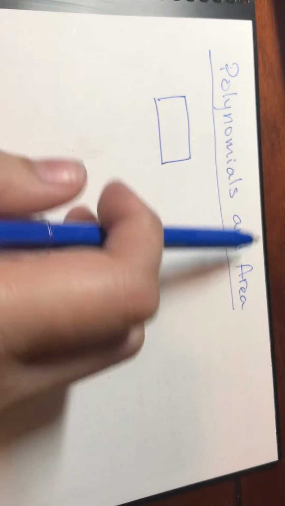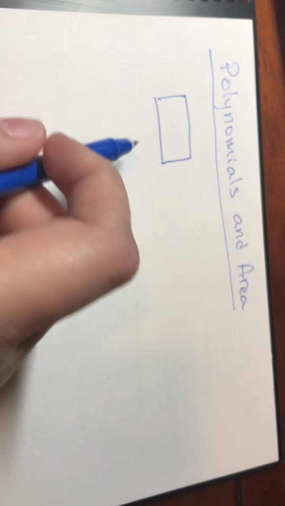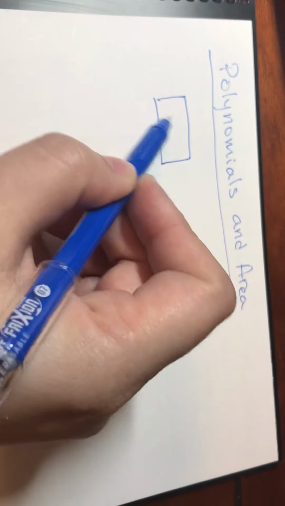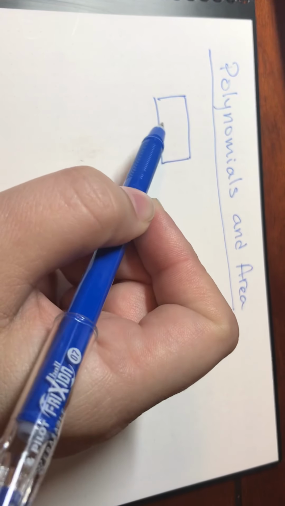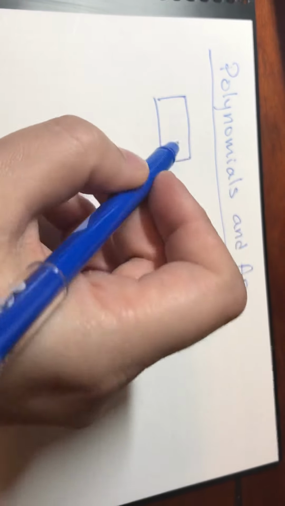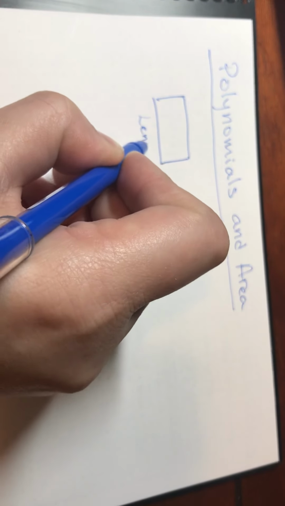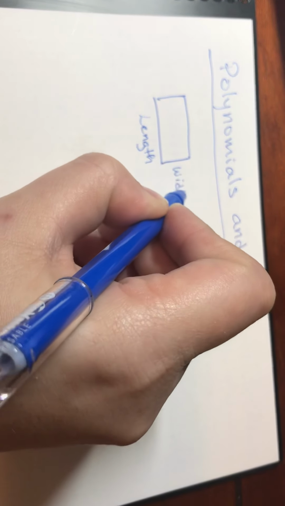All right, so when we're looking at the relationship between polynomials and area, we first have to remember what area means. So area is how many square units cover the whole surface of any given shape. The formula for the area of a rectangle is the length times the width.